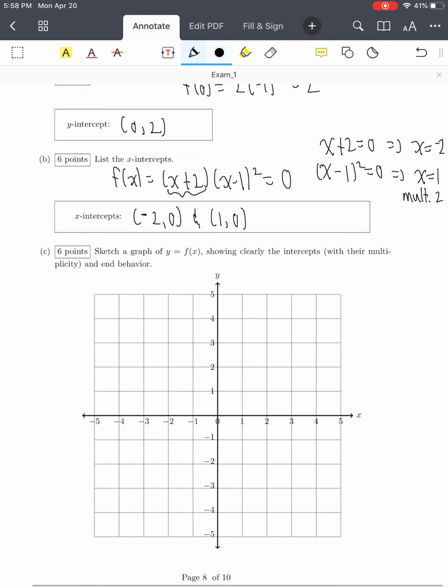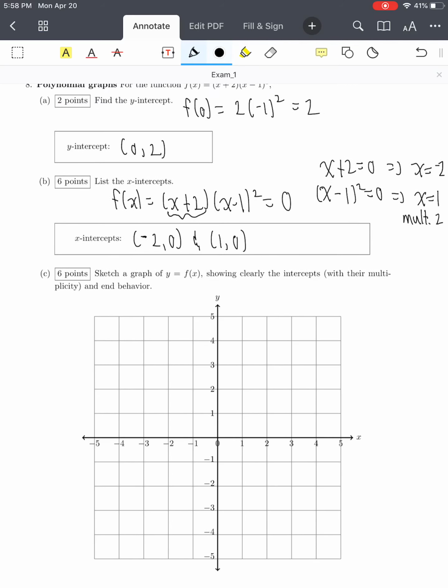Okay, then for part C, we just sketch a graph of this showing the intercepts with multiplicity and end behavior. So the x-intercepts are negative 2, 0, and 1, 0. We have the y-intercept at 0, 2.